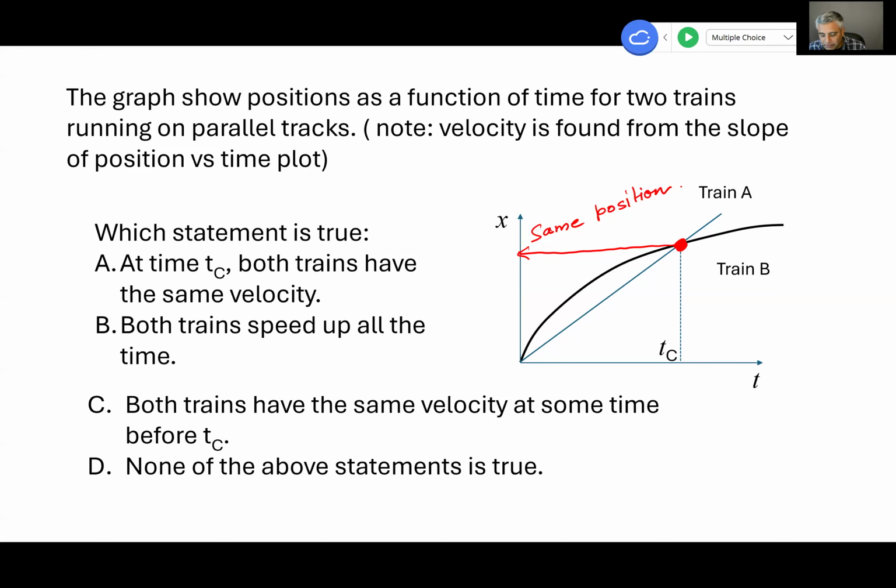So from a position versus time graph, how do we figure out velocity? What do we look for to find velocity from a position versus time graph? What did we learn? Do you remember?